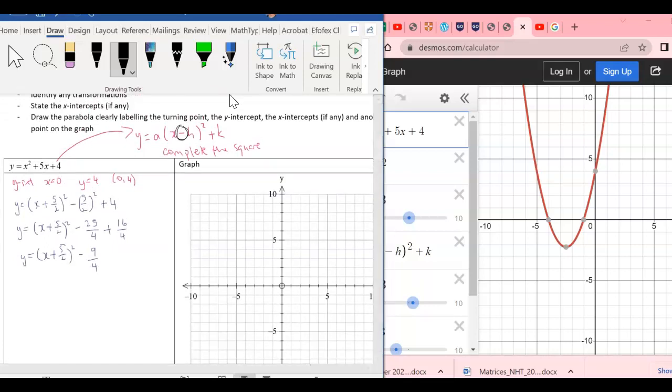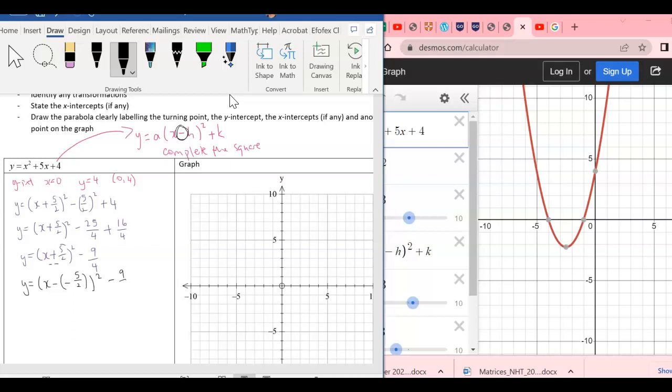When you're doing it in turning point form, think of a plus as 2 negatives. That's going to help you better identify what h is. In your general form or your turning point form, it's x minus. So we want x minus, and then we need to clearly see what h is. So in this case, h is negative 5 on 2.